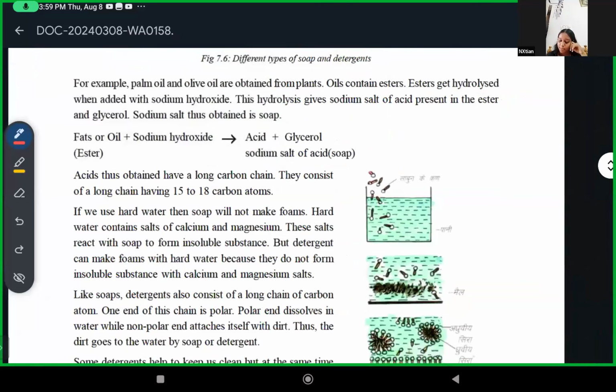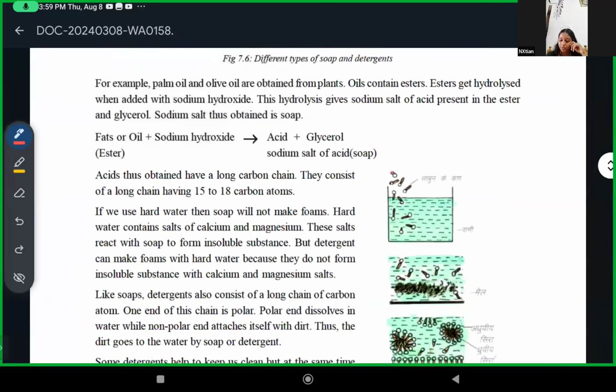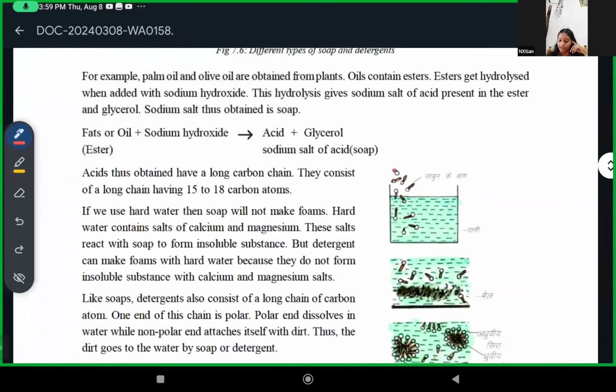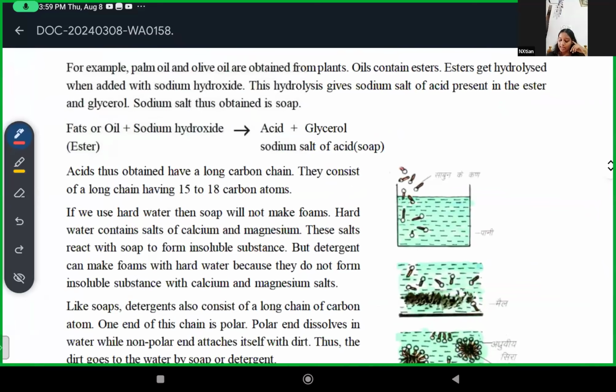For example, palm oil and olive oil are obtained from plants. Oil contains esters. Esters get hydrolyzed when added with sodium hydroxide. This hydrolysis gives the sodium salt of the acid present in the ester, and glycerol. The sodium salt thus obtained is soap.